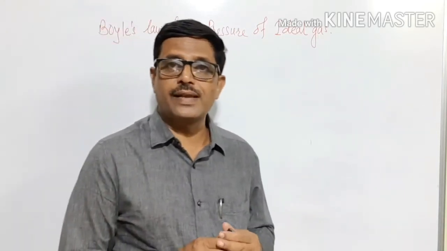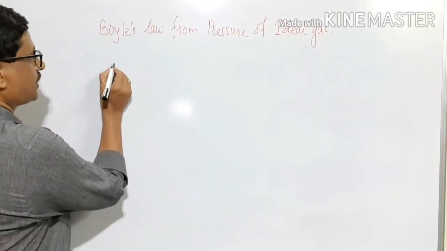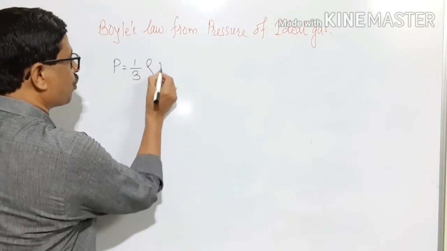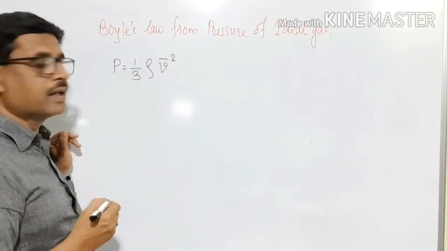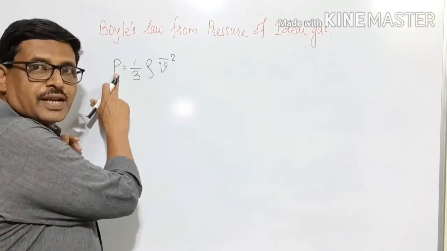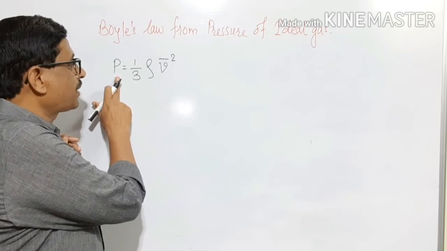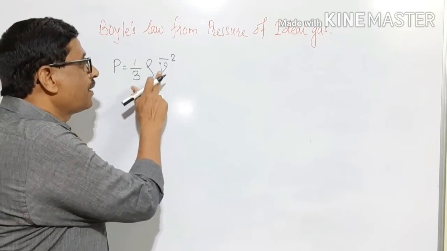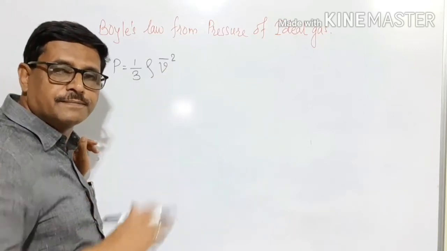The pressure exerted by gas molecules on the walls of the container is given by P is equal to 1 by 3 rho into V bar square, where P is the pressure exerted on the walls of the container, rho is the density of the gas enclosed in the container, and V bar square is the mean square velocity.